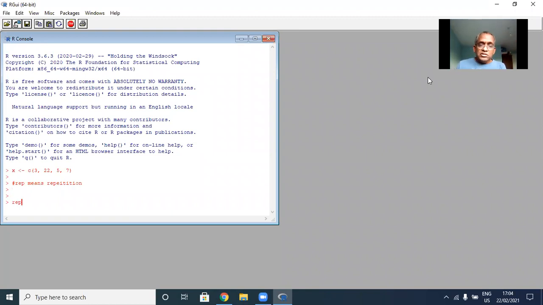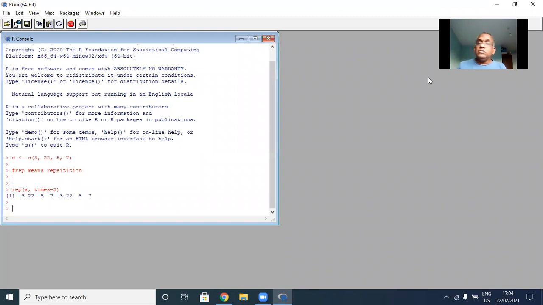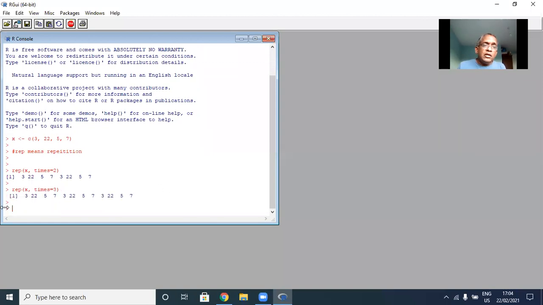Repetition is just, suppose rep x times 2. What that means is that you are repeating x twice: 322, 57, 322, 57. And times 3 repeats x 3 times: 322, 57, 322, 57, and 322, 57.